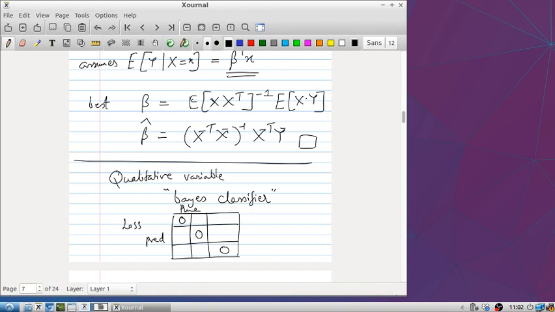I'm just trying to encode how I would say you're bad. So let's say this is truth: cat, dog, fox, and the same thing for predicted. This side is predicted, and that side is true. So if you predicted dog, but the truth is a cat, then maybe you want to say it's not such a good classification model that you put in.